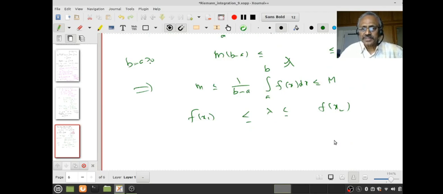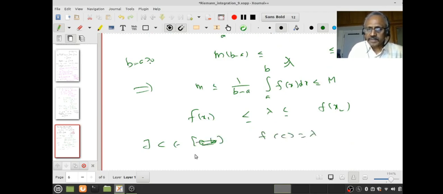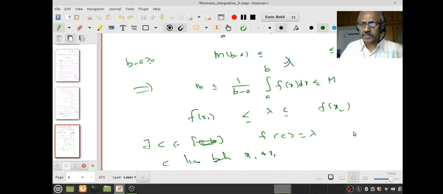Therefore what do I know? f is continuous. Therefore by the intermediate value theorem I know there exists a c in the interval [a, b] so that f of c must be equal to lambda. In fact c lies between x1 and x2. I do not know whether x1 is less than x2 or x2 is less than x1, because the picture may look like this. This may be my x1, this may be my x2, or the other way around.